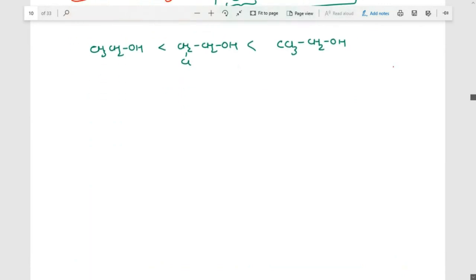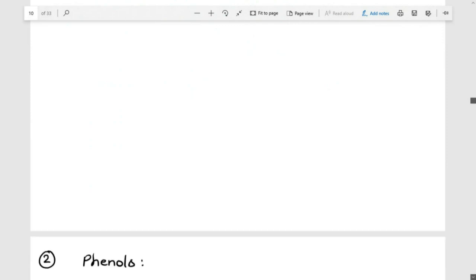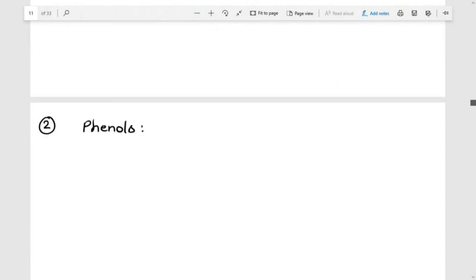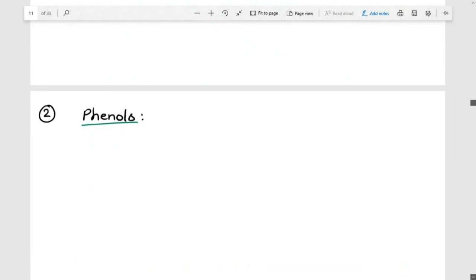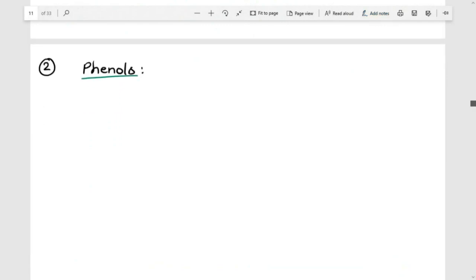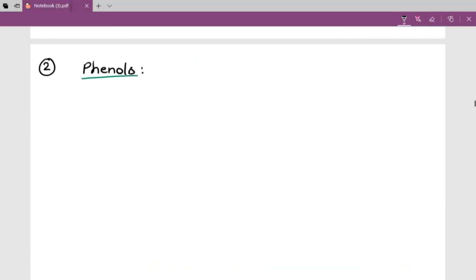Okay, next we go to phenols. Phenols have OH attached to an electronegative benzene, or I can say attached to an sp2 carbon. sp2 carbon will definitely be more electronegative than sp3 carbon.